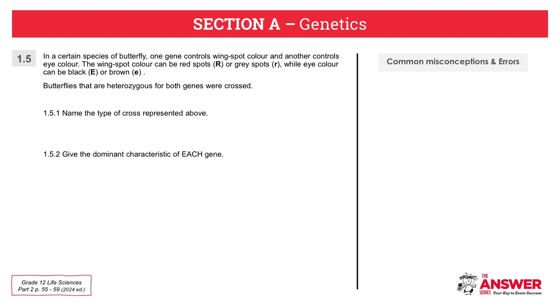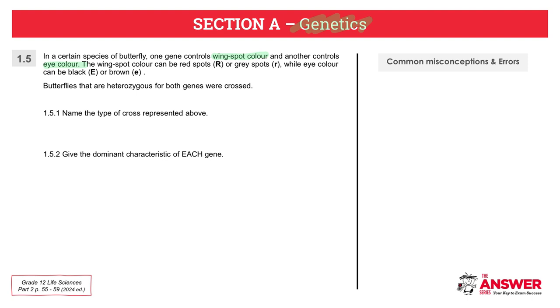Question 1.5 has to do with genetics. In a certain species of butterfly, one gene controls wing spot color and another controls eye color. So we have 2 different genes, 2 different characteristics. So immediately you think dihybrid cross.